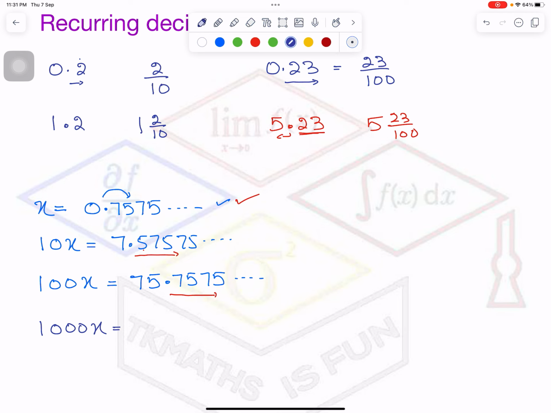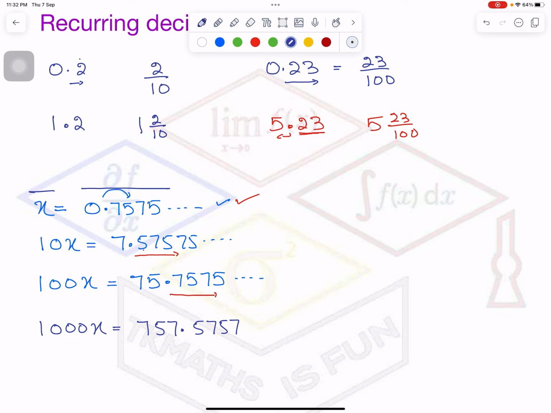So now I am multiplying this by 1000, so it will become 757.5757 and so on. Agreed? Now there are two ways to do this question, and I will tell you both ways. That is why I especially did this step.